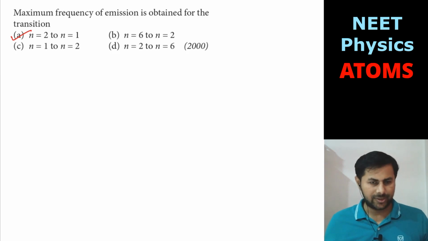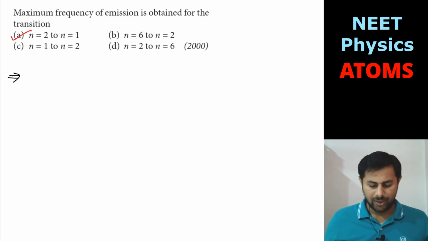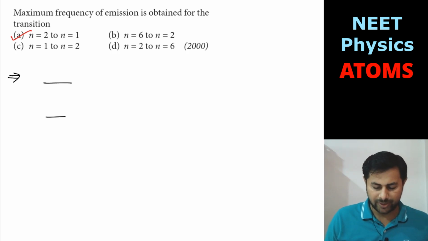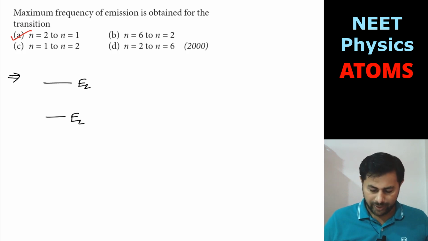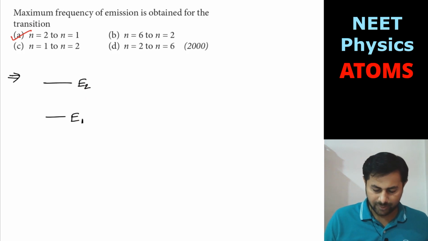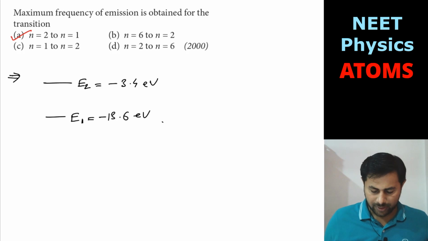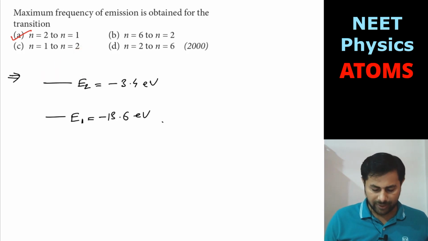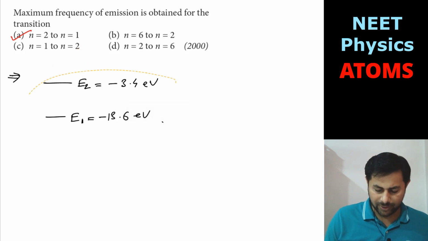Why is it so? The reason is, what would be the energy difference between the second and first orbit? E1 is minus 13.6 and E2 is minus 3.4 electron volts. The energies of the next orbits are even lesser in negative values.